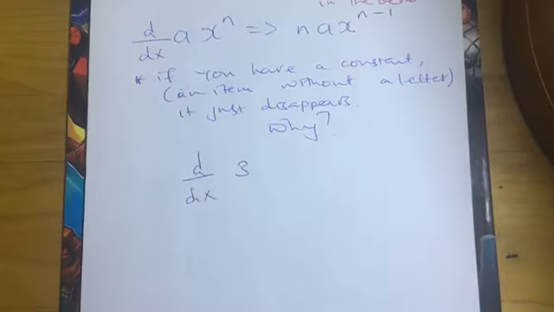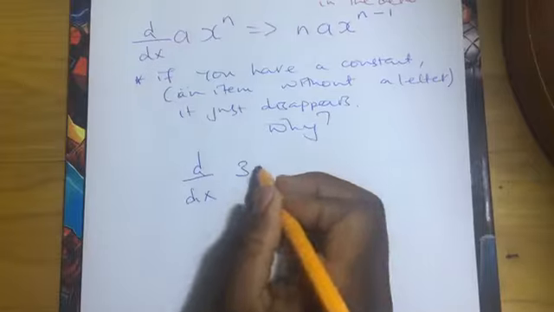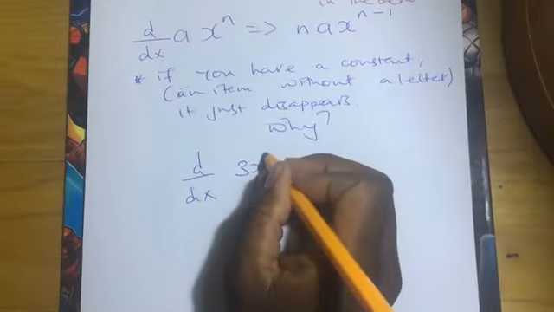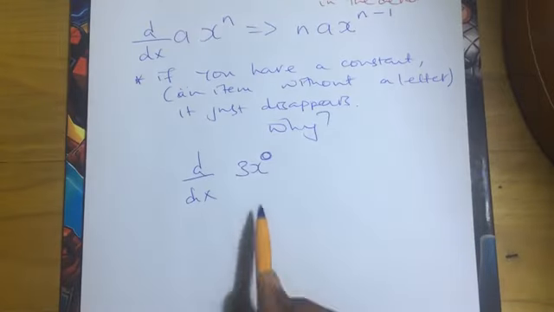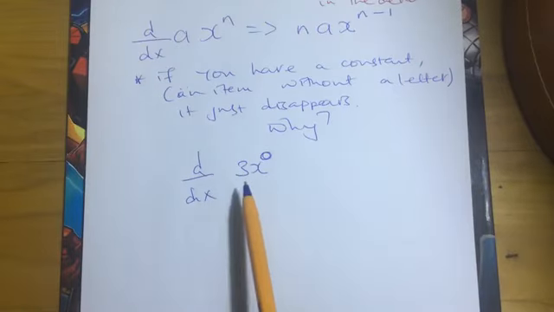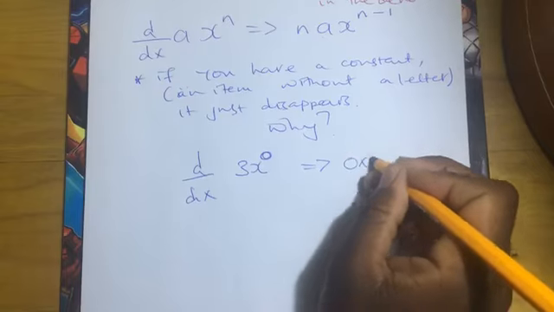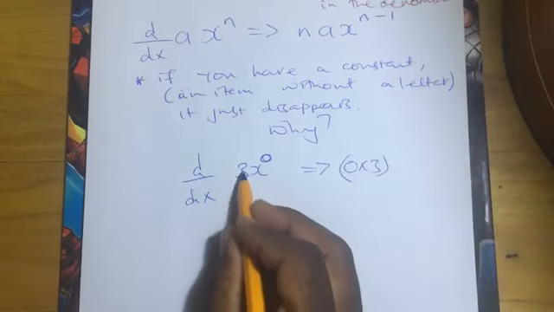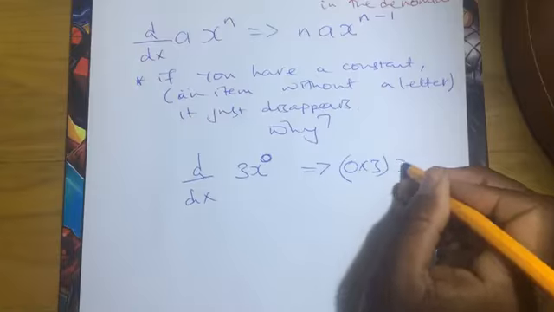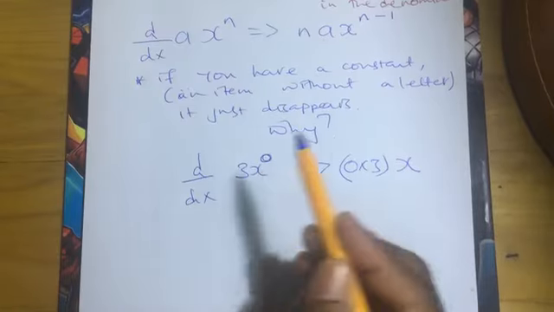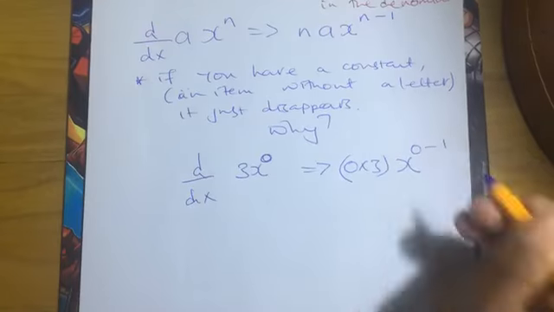Now, if there's no letter, it is as good as having, for instance, x to the power 0. So, differentiating this using the power rule, I'm going to multiply 3 by 0. This is going to be 0 times 3. And then I'm going to write the x, and from 0, I'm going to subtract 1. This is going to be 0 minus 1.